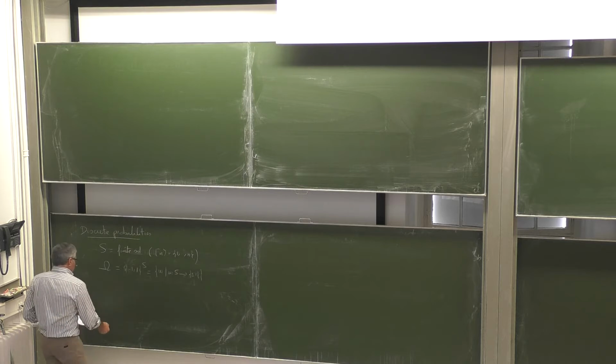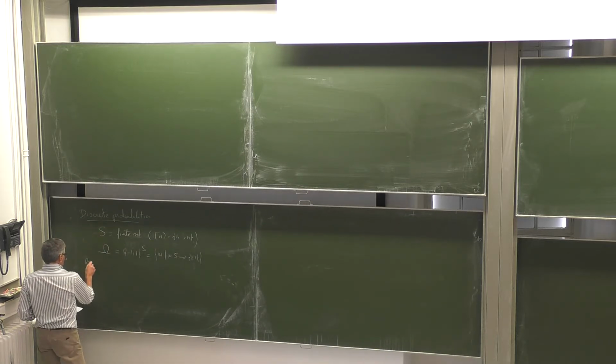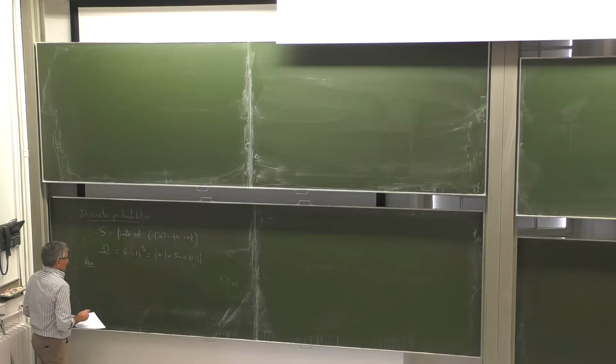And one point I want to emphasize immediately, because I will use it at the end, is that we can interpret these random variables as random paths.